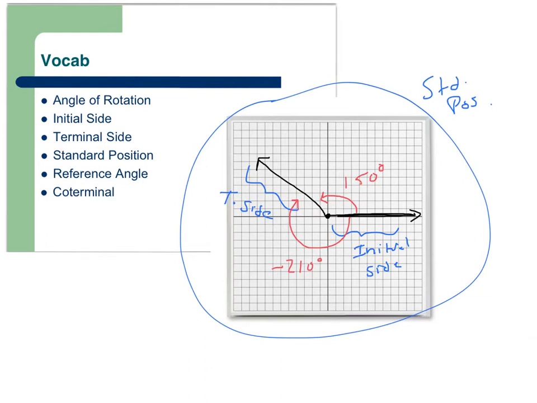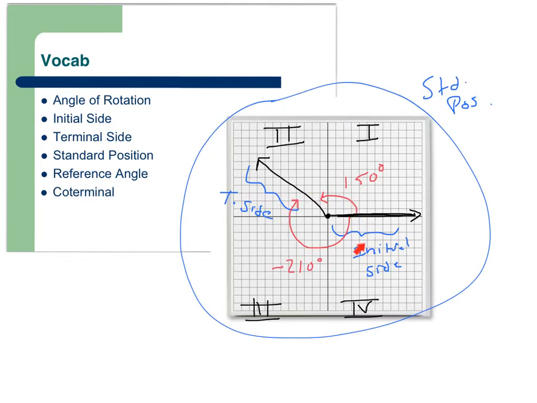The quadrants are labeled 1, 2, 3, and 4. I technically rotate in numerical order, so that's the positive direction. I would rotate from 1 to 2 to 3 and to 4. That's considered a positive rotation, and that's counterclockwise.